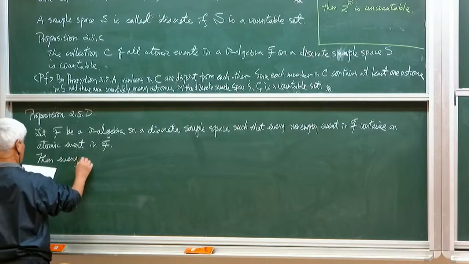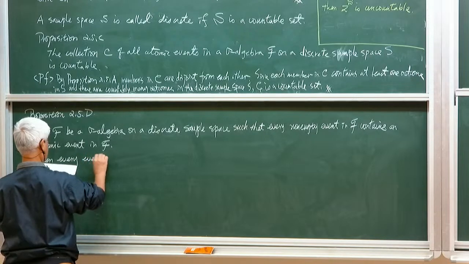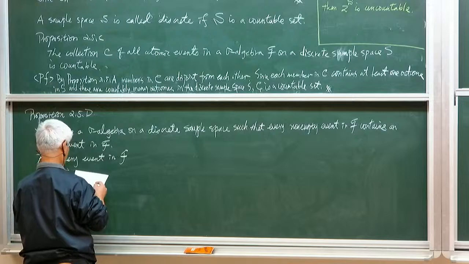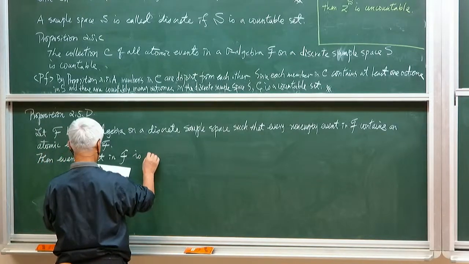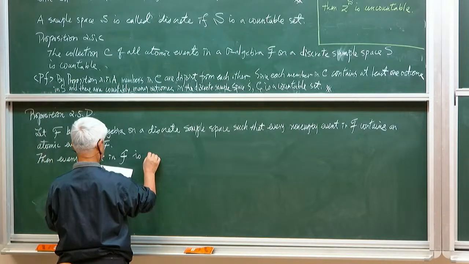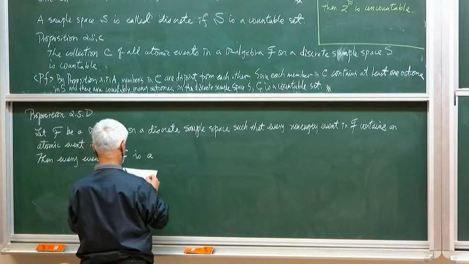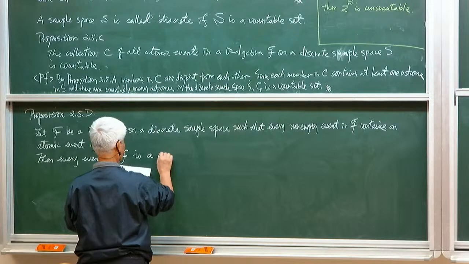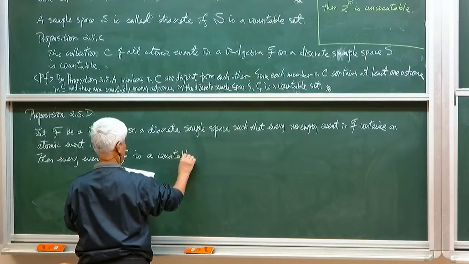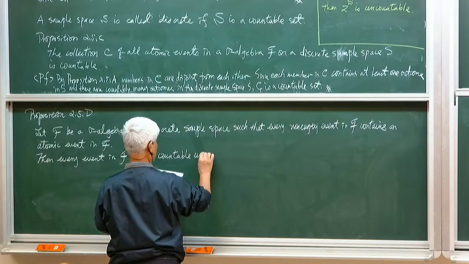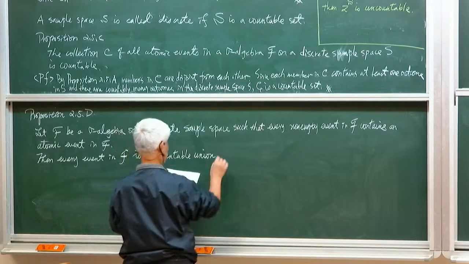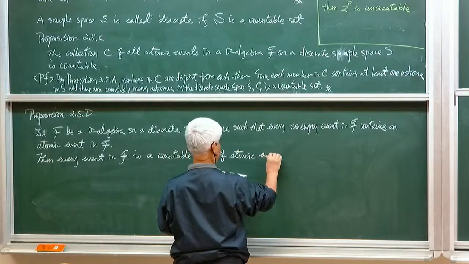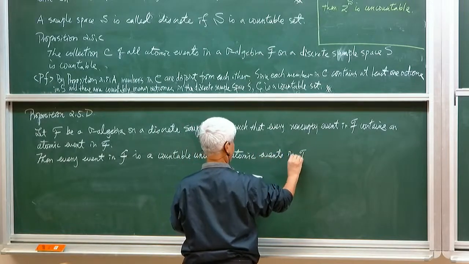every event in F is a countable union of atomic events.